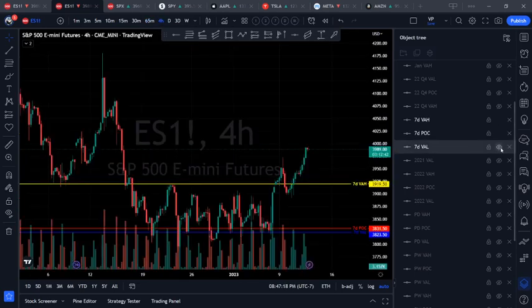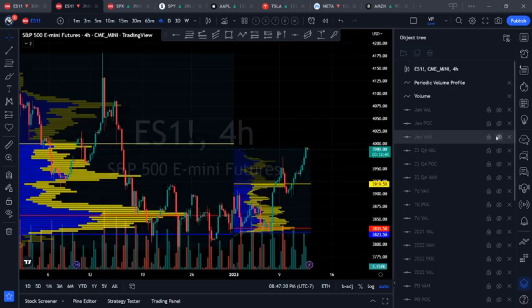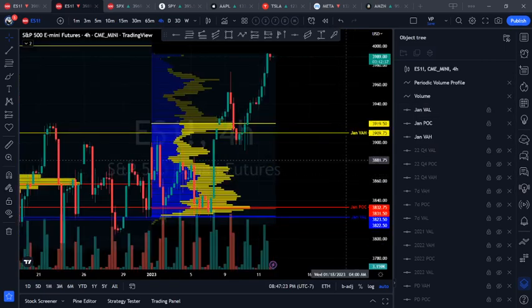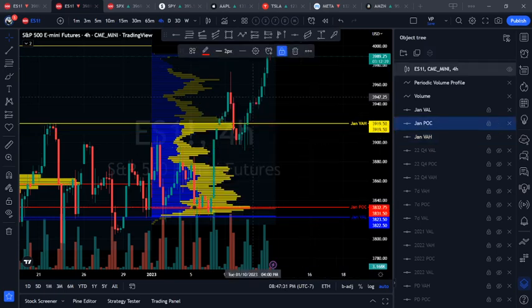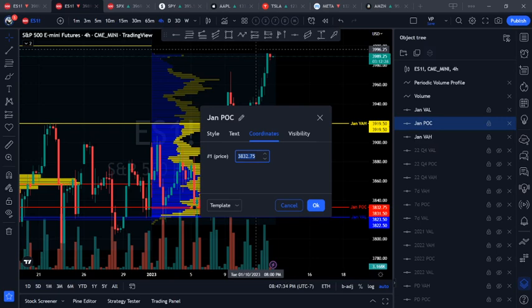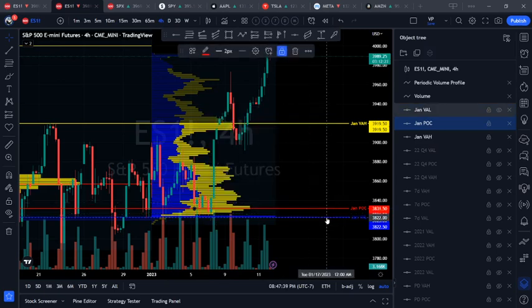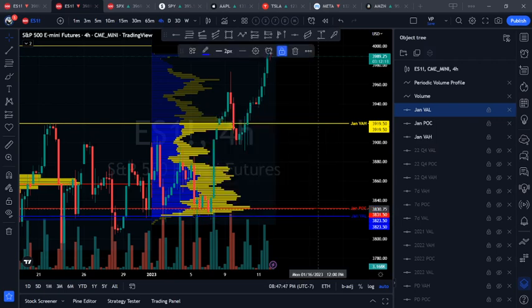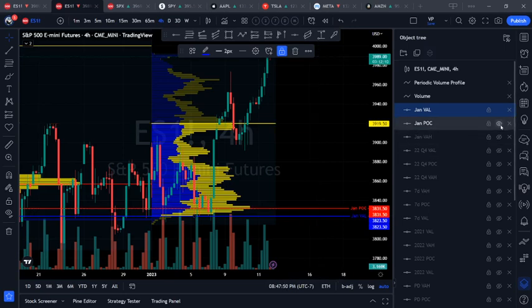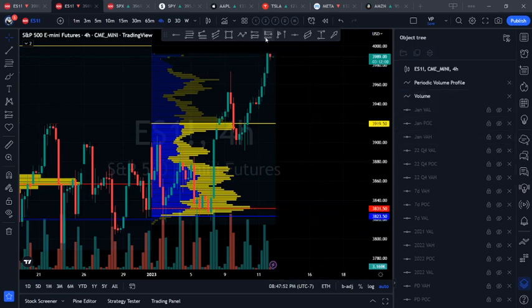Grab the monthly levels. 39.1950 for value area high, 38.3150 for POC, and value area low, down $1, to 38.2350. All right, and that's ES levels currently.